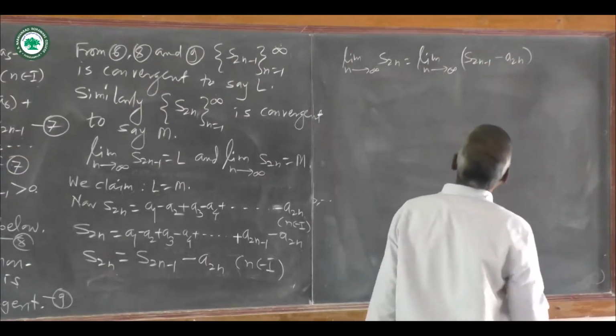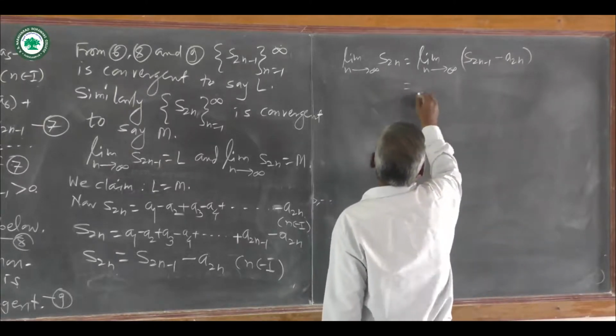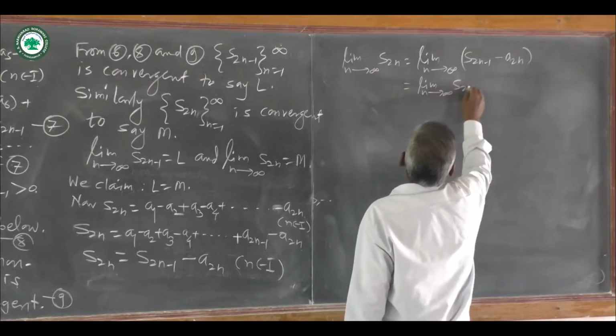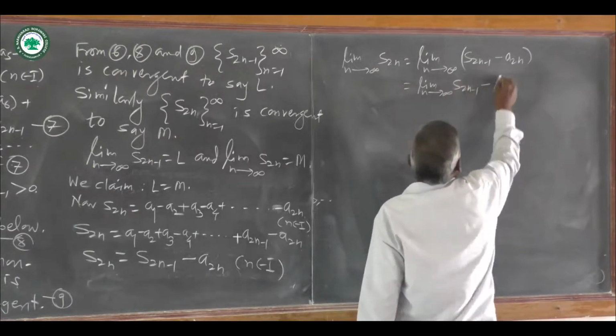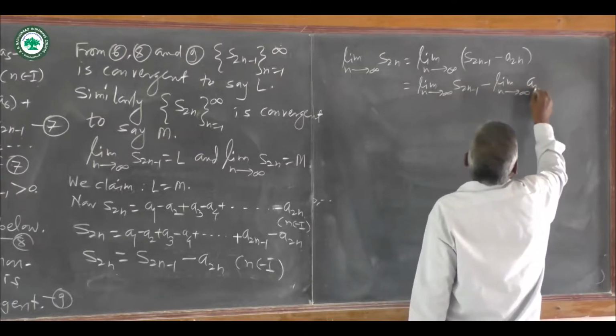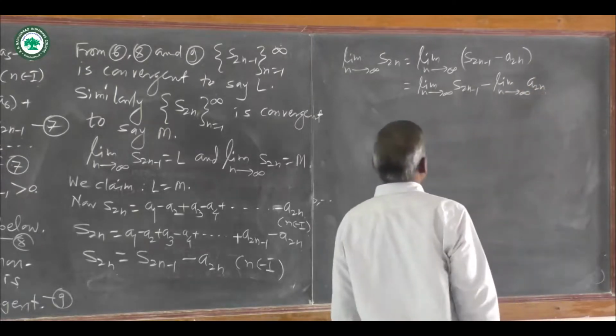Applying theorems on limit, we write limit n tends to infinity of S suffix 2n minus 1 minus limit n tends to infinity of a suffix 2n.